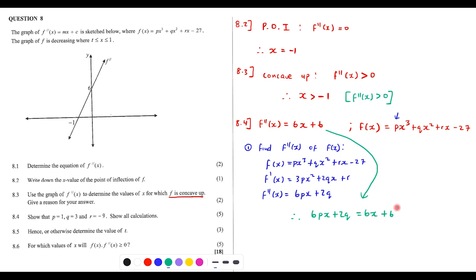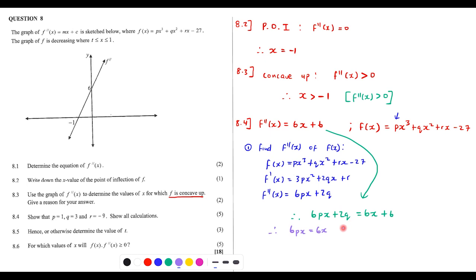Now here what we're going to do is what we call an inspection. An inspection is basically when you look at these two equations and say they can only be equal if 6px is equal to 6x, right?